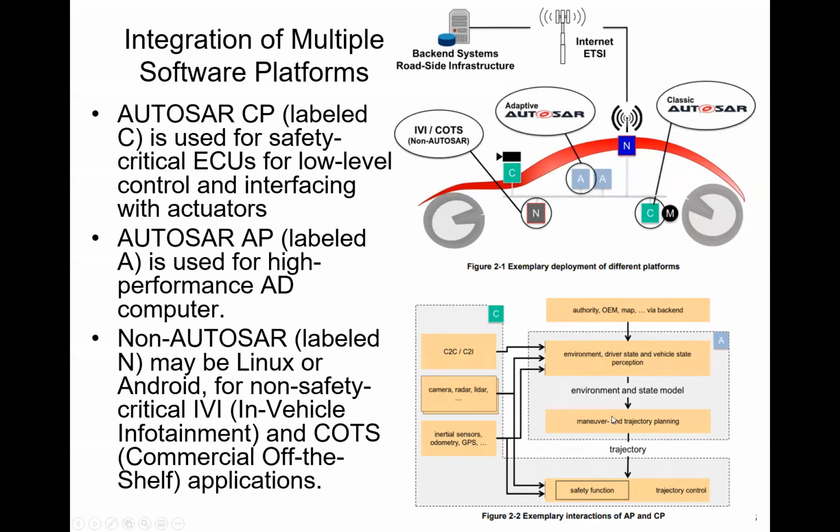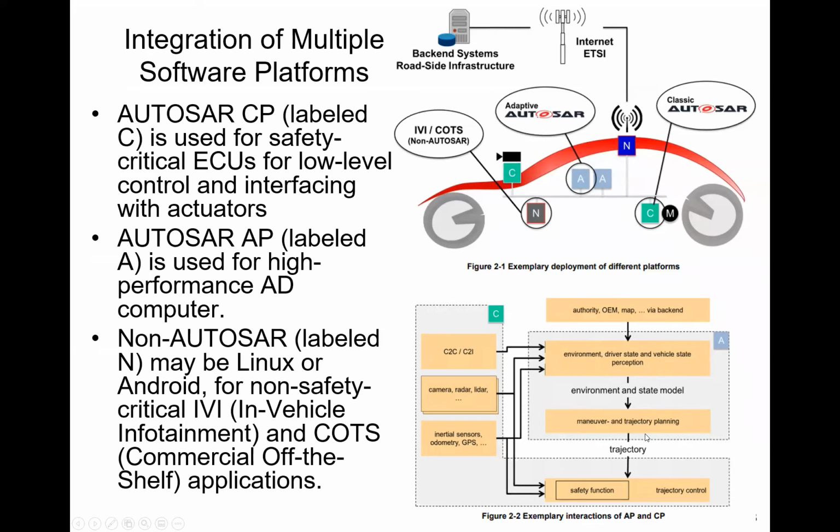So here's the exemplary interaction of AP and CP. The adaptive platform performs the environment, driver state, and vehicle state perception, and maneuver and path planning.